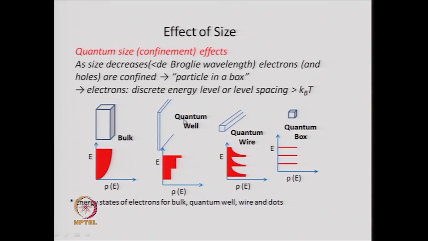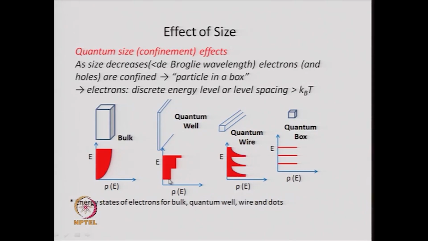This happens for a quantum well, where one dimension is nano dimension. When you go to a quantum wire, where two dimensions are nano sized and the third dimension is still long, then we call it a quantum wire, and then the nature of this density of states diagram changes again.